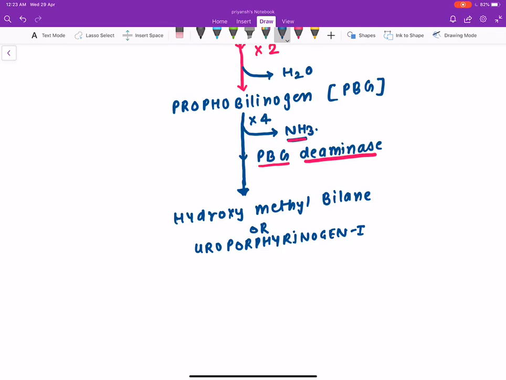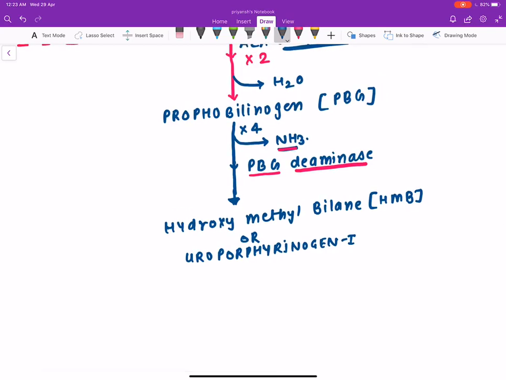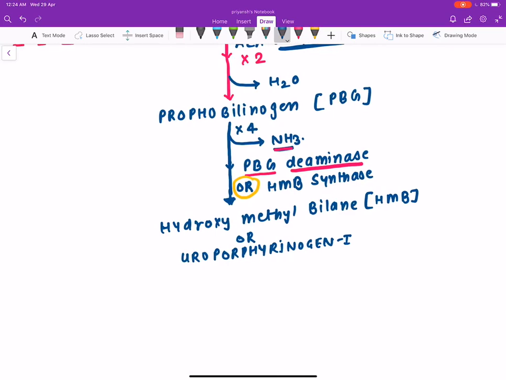At the same time we are also synthesizing HMB, which is also called uroporphyrinogen 1. So the enzyme is also called HMB synthase, because we are synthesizing HMB. HMB synthase or PBG deaminase is the same. They have given one more name to this enzyme, because this HMB is also called uroporphyrinogen 1, so this enzyme is also called uroporphyrinogen 1 synthase.